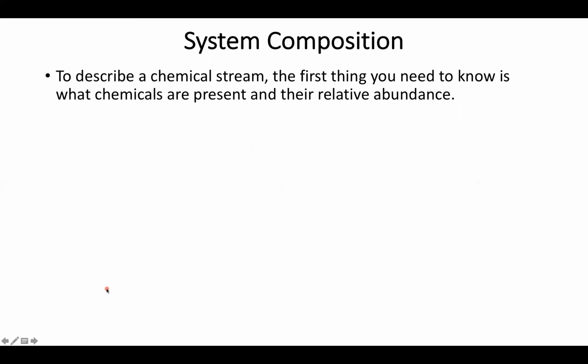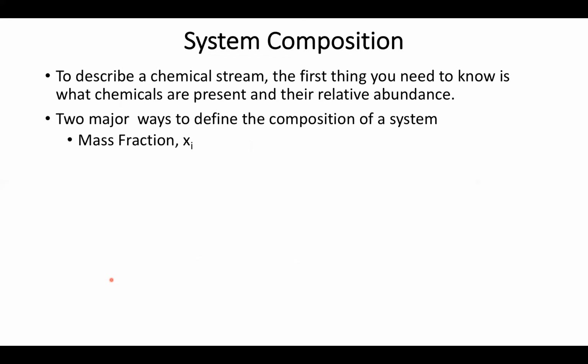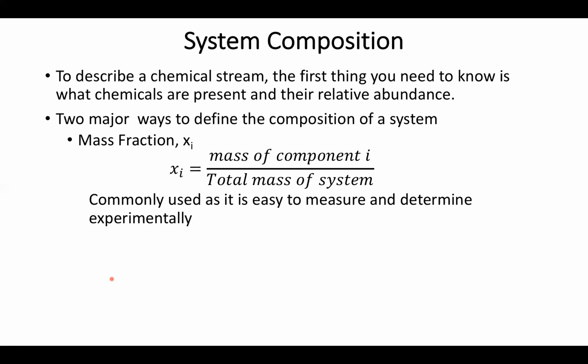As you know from all your other courses, there are a lot of methods we can use to describe this. However, there are two major descriptions that are typically used in industrial chemistry, though others are definitely present. The first major one is mass fraction. Again, this is the mass of the component i that I care about over the total mass of the system. One of the reasons why this one is so popular is that it's the easiest to measure.